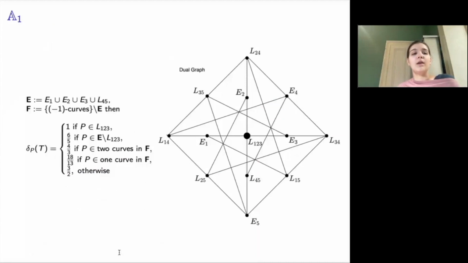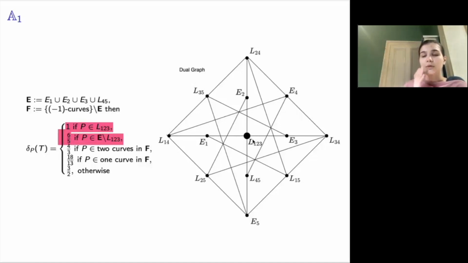For one singularity, we only need to check these two places. So we only need to check, it's the dual graph of negative curves on this surface. Now we only need to check the middle one.